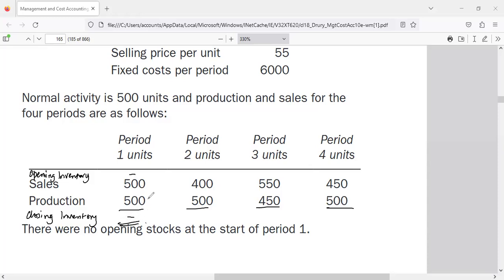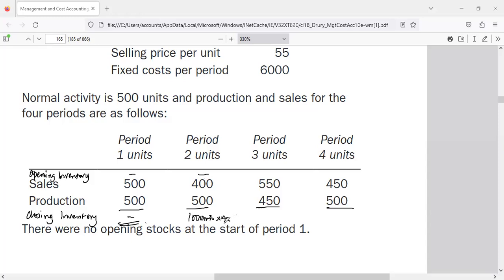The closing inventory of period 1 becomes the opening of period 2, but because closing inventory in period 1 is 0, then in period 2, there is also nothing. However, in period 2, there is closing inventory because you produced 500 units, but you only managed to sell 400, so you have 100 units. You have to value these units at 42 per unit.